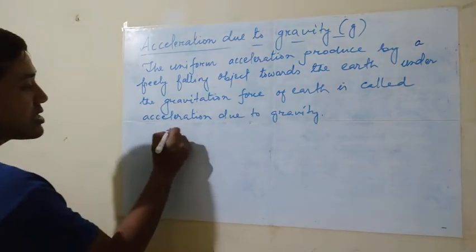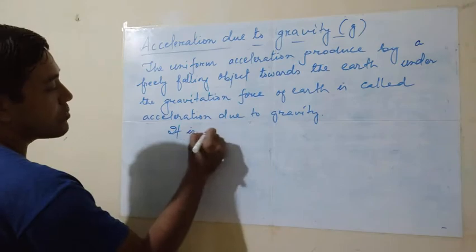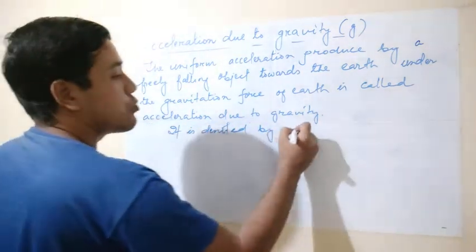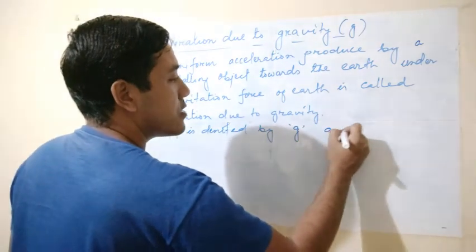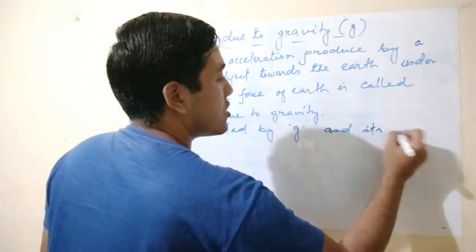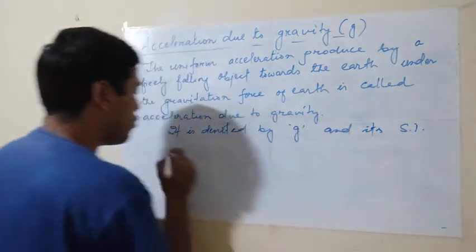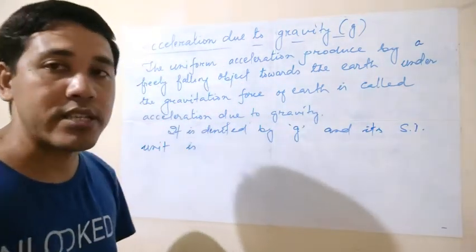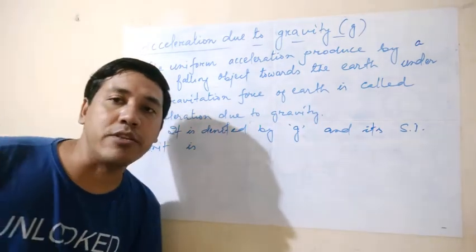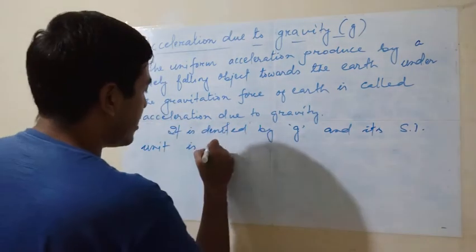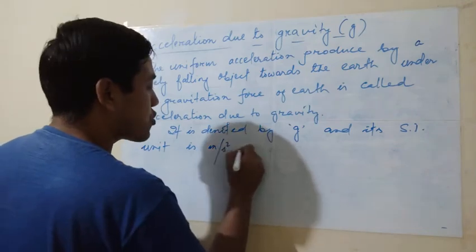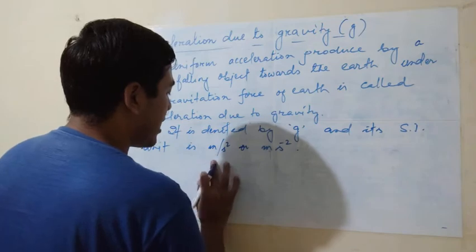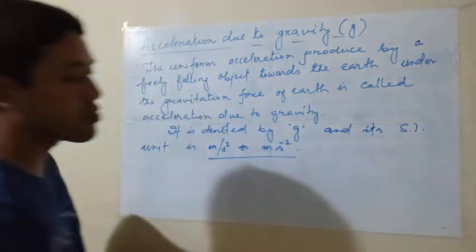Now this acceleration due to gravity is denoted by small letter g, and its SI unit is, what is the SI unit of acceleration? Yes, that is meter per second square, or meter second inverse 2. This is the SI unit of the acceleration due to gravity.